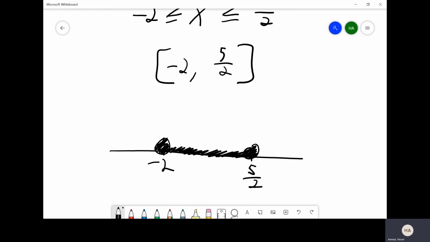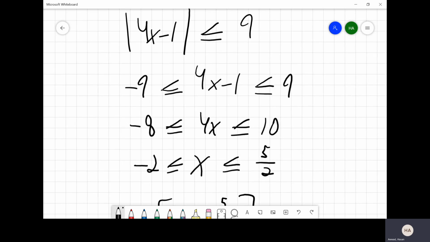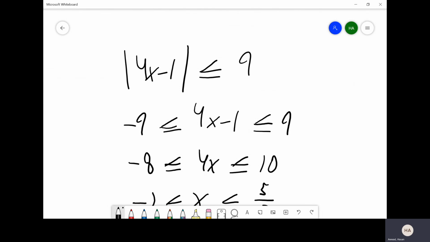So it's that easy. So once again, the idea is when you have an absolute value that's less than or equal to a number, you put it in a compound inequality where whatever is inside your absolute value goes to the middle of your compound inequality. Your number stays the same on the right-hand side, and you get the negative version of your number on the left-hand side.